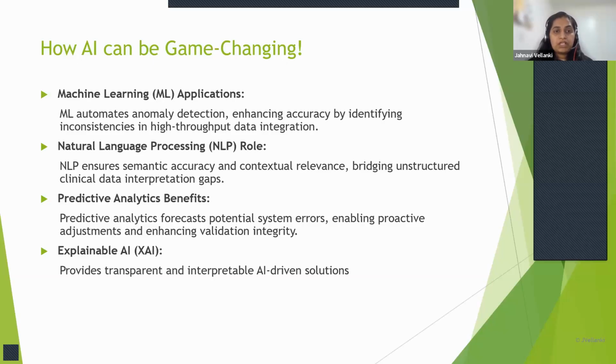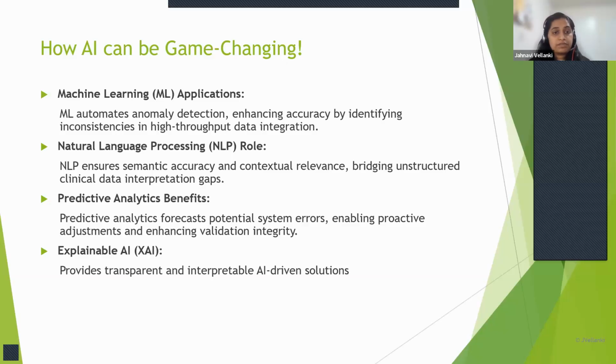Natural language processing, the NLP techniques, such as named entity recognition, text classification, and semantic analysis, can extract structured meaning from clinical notes, protocols, or trial reports. This ensures that unstructured inputs are contextually accurate and aligned with the system workflow, which is key to validation.